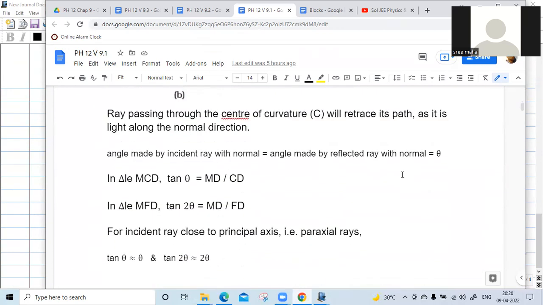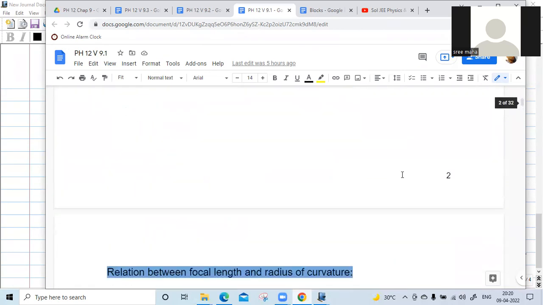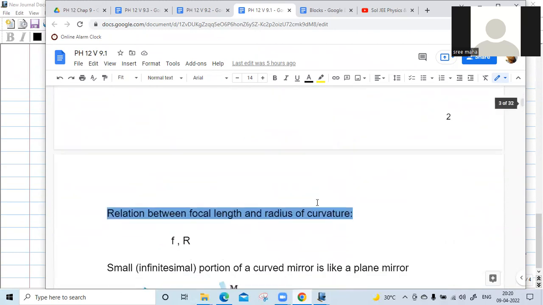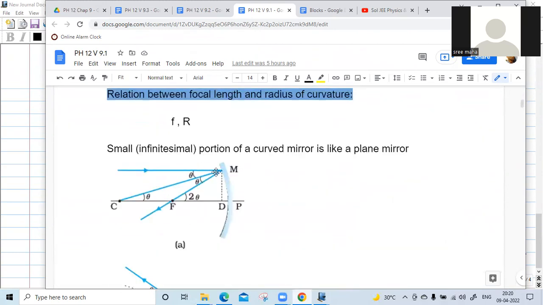When the parallel ray is close to the principal axis. Suppose it's very far, then this does not hold. That comes from the derivation of this formula. If this parallel beam is close to the axis, then FD is approximately FP.